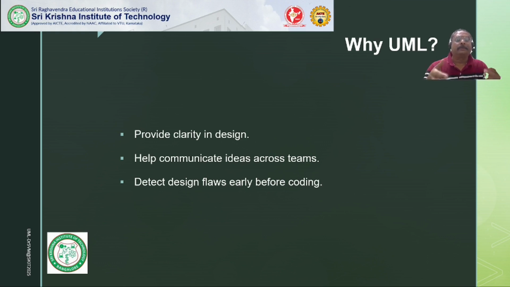If anything is not right, then you can check all the flaws and make all the necessary corrections before actually getting onto the coding. So a lot of time and energy can be saved if we find the flaws and correct them in the initial place, before actually coding it.